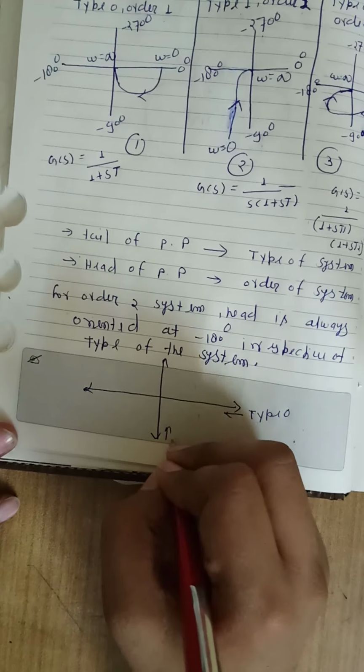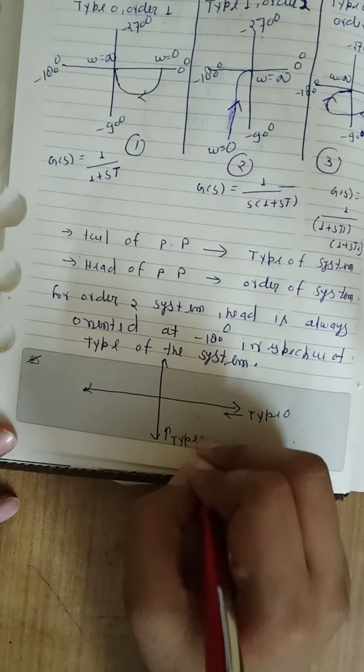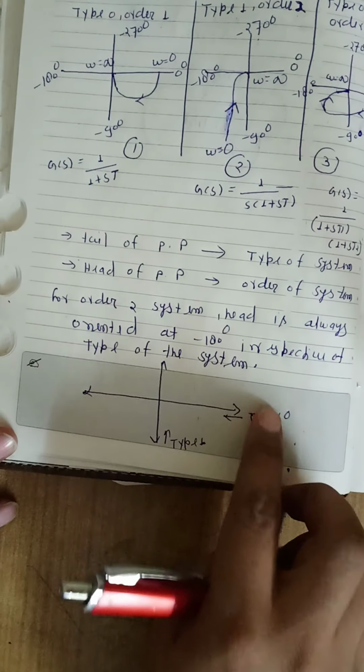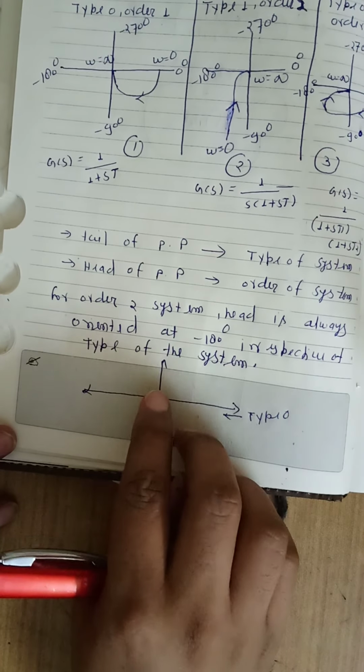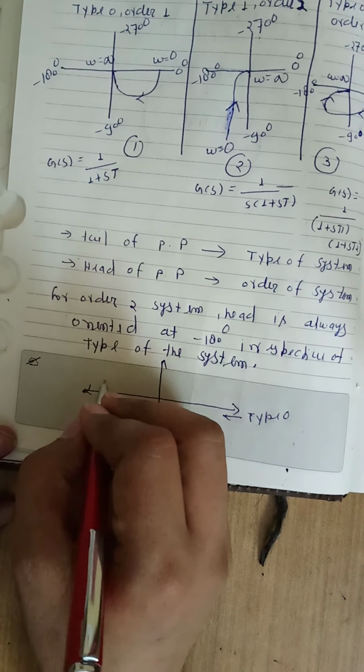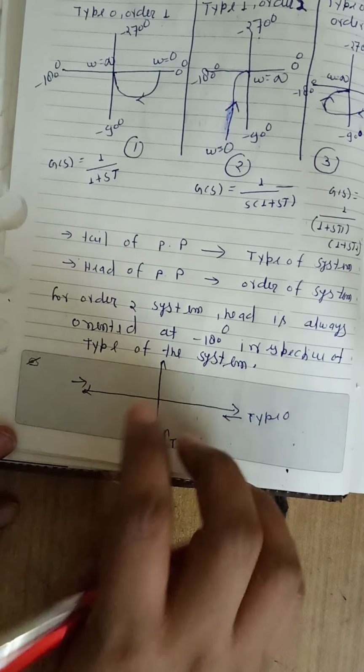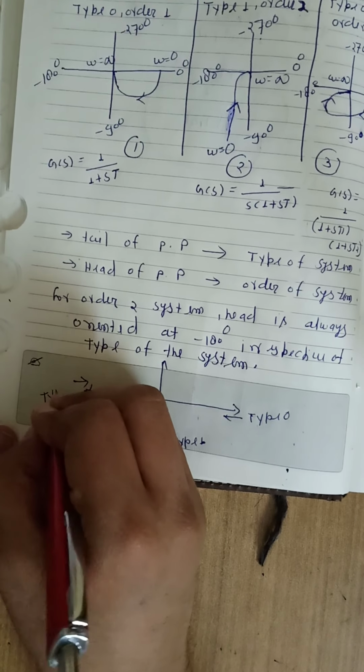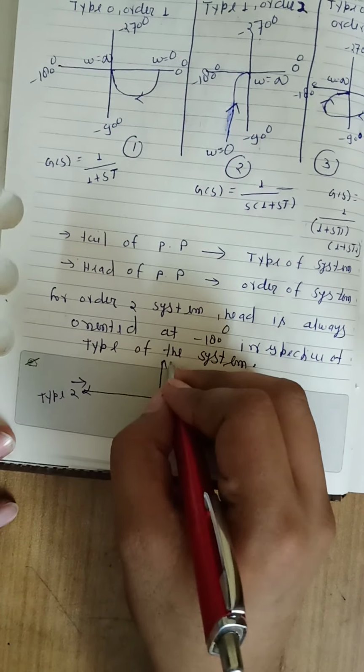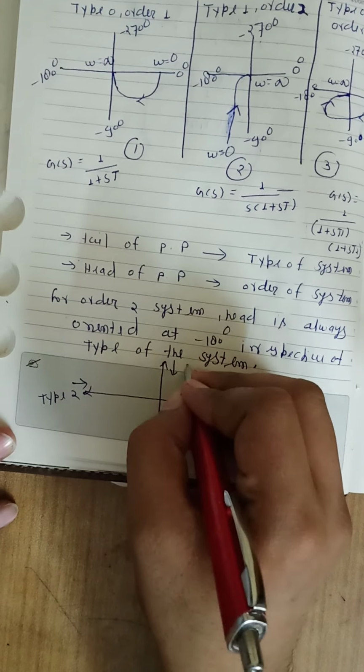This is for type 1 system. This line will define the type 0 system. This line will define the type 1 system. This line will define the type 2 system, and this line will define the type 3 system.